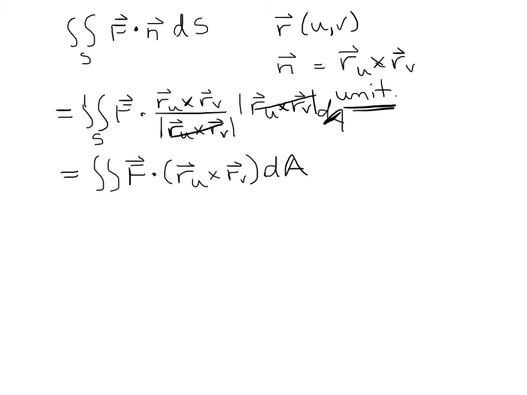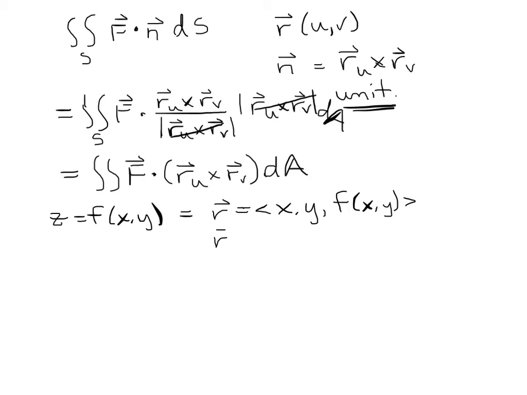So if z equals some function of x and y, we could parameterize this surface and let x equal x, y equal y, and z equal that function of x and y.